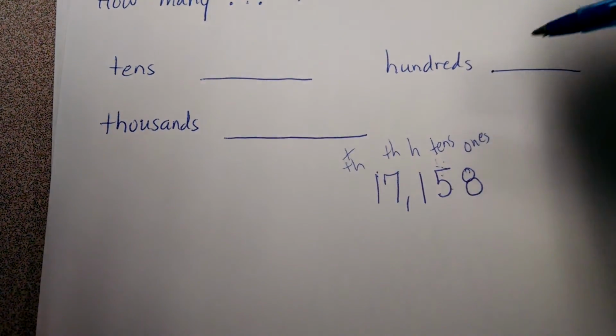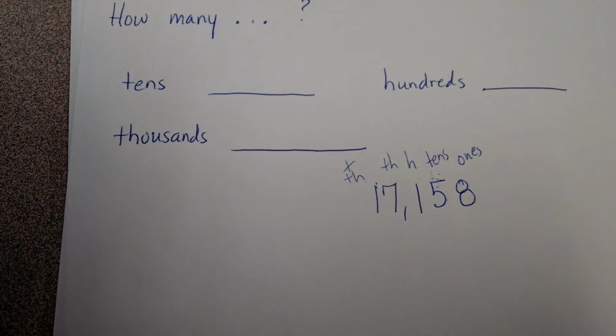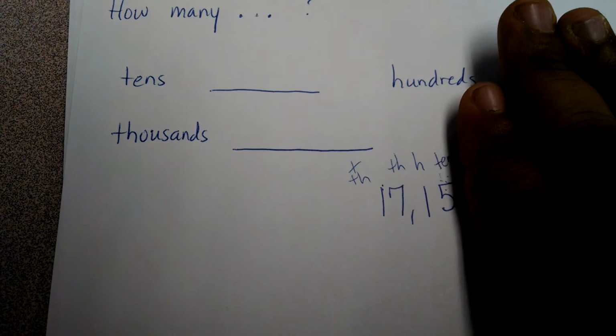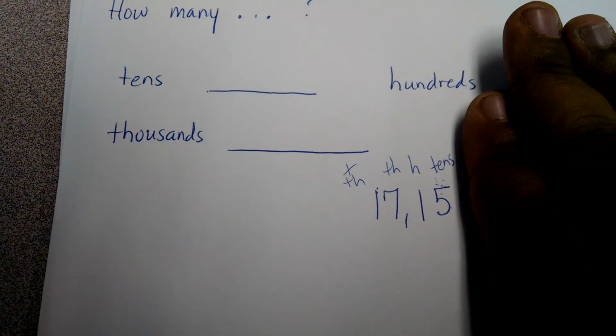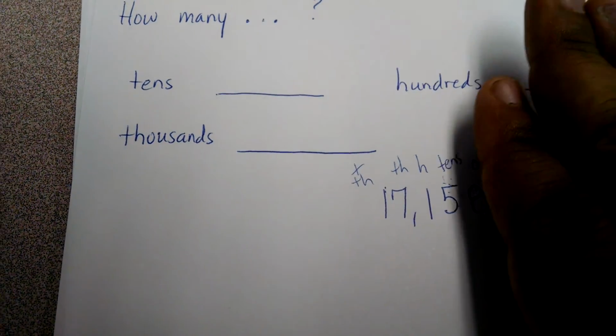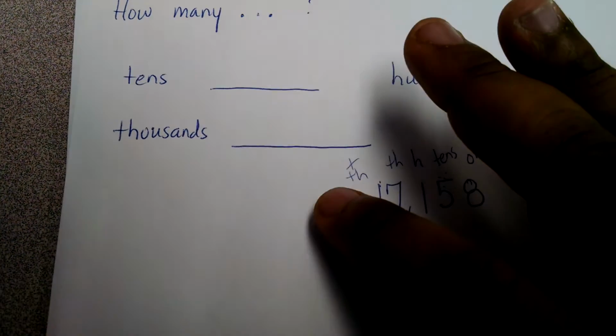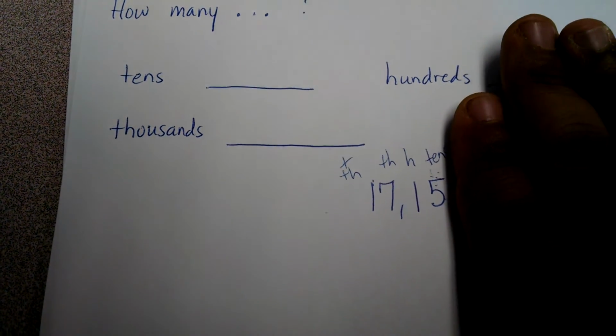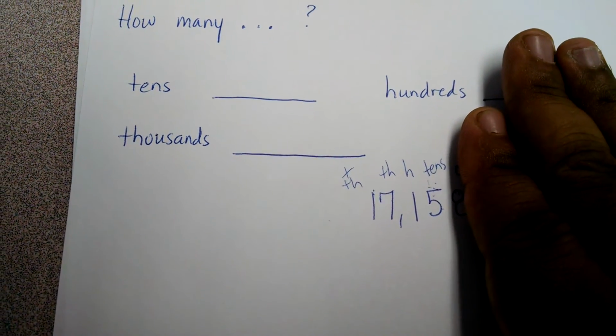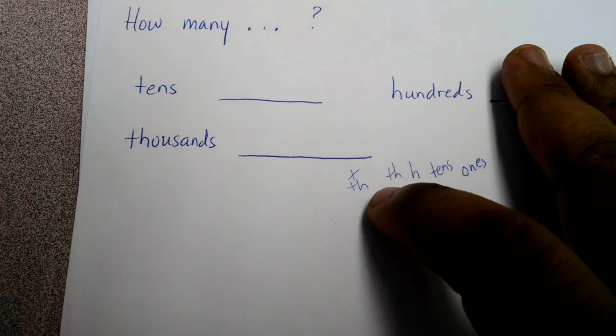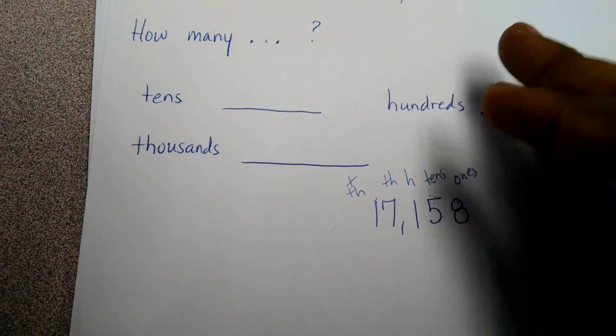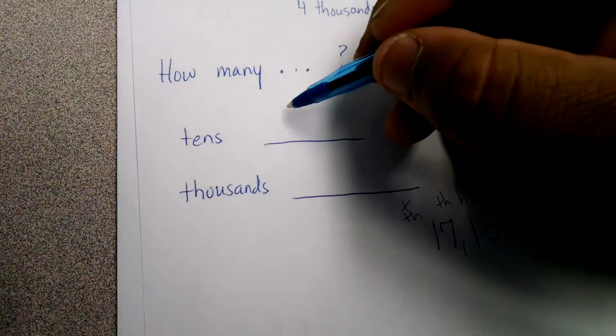So when I think of the places, when I ask how many tens, all I'm going to do is cover up the digits in the ones place, and I'm going to look at the digits from the 10,000s down to the tens. And when I read that, this number has 1,715 tens.